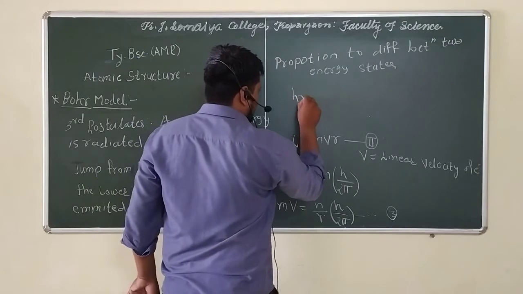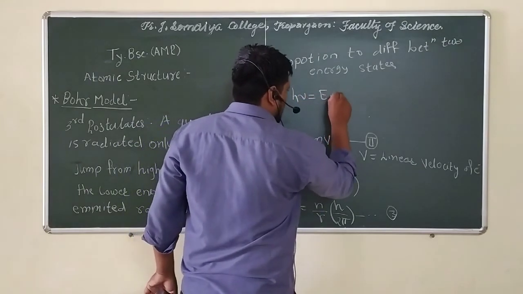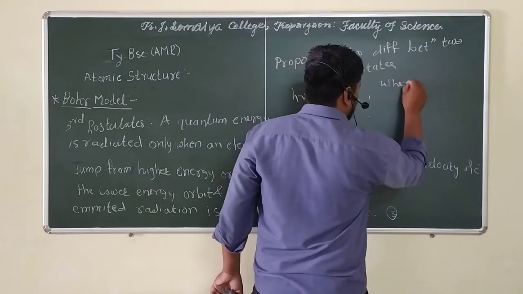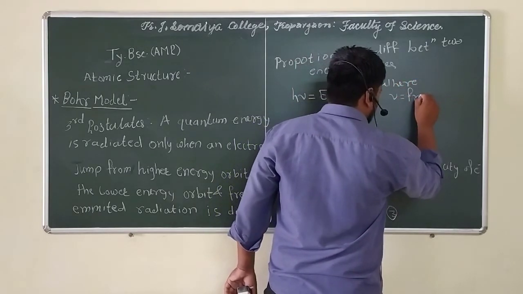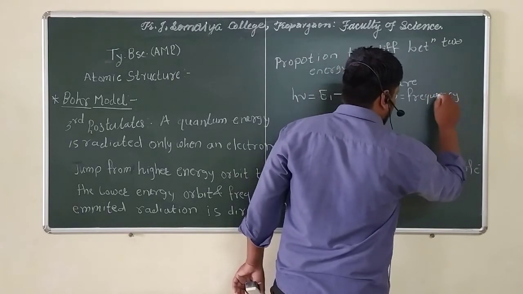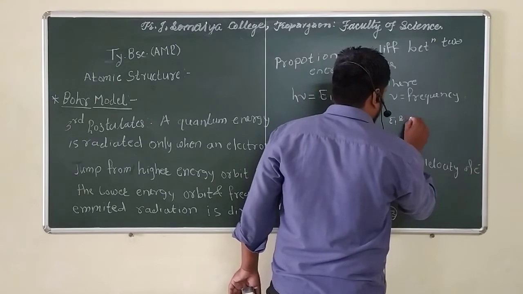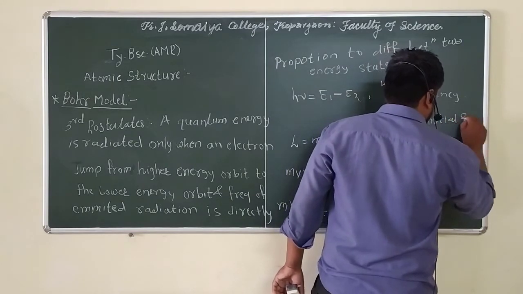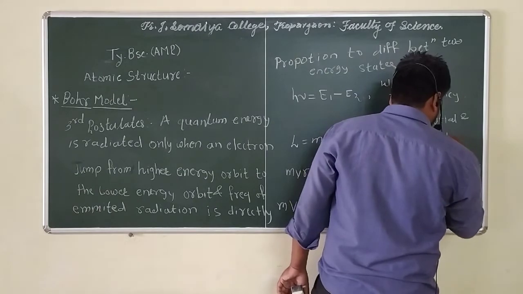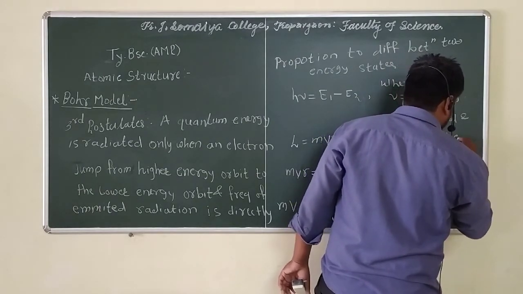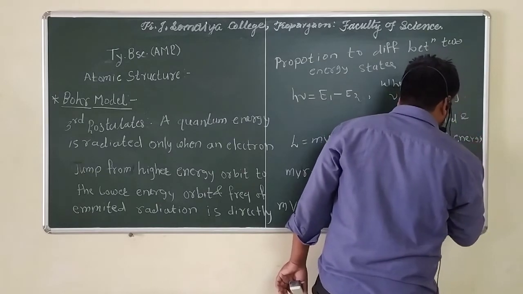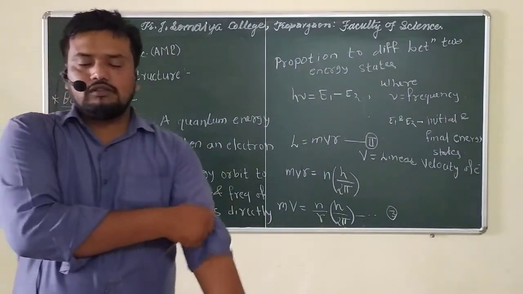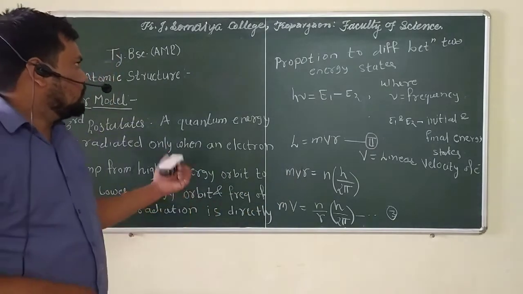That energy is h nu is equal to E1 minus E2, where nu is the frequency, and E1 and E2 are the initial and final energy states. This is the theory of the Bohr third assumption.